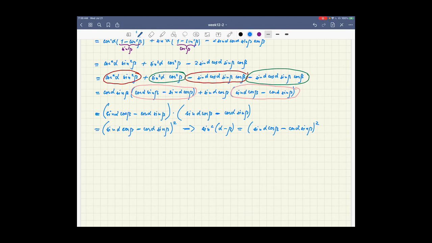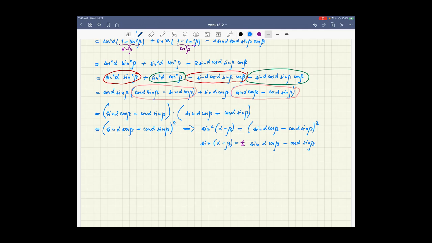From here, of course, since the two squares are equal, we get that sine of alpha minus beta is plus or minus, we'll need to discuss which sign it is, of sine alpha cosine beta minus cosine alpha sine beta.